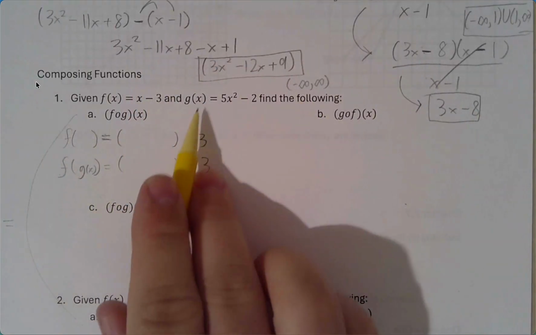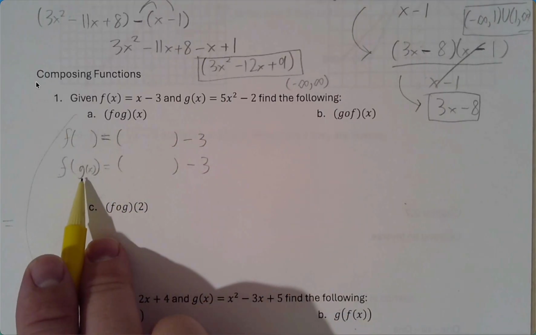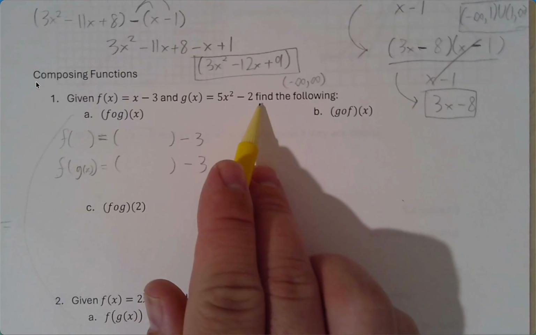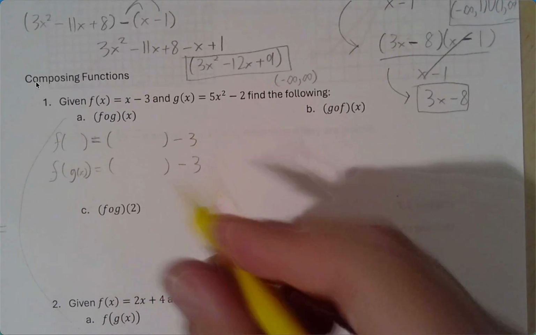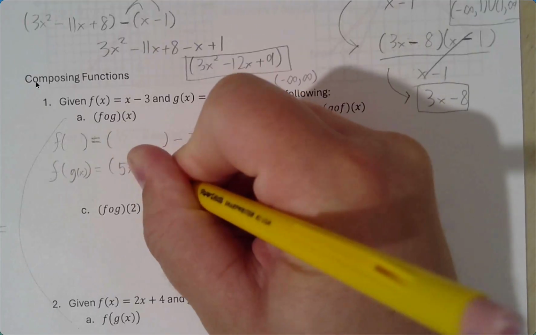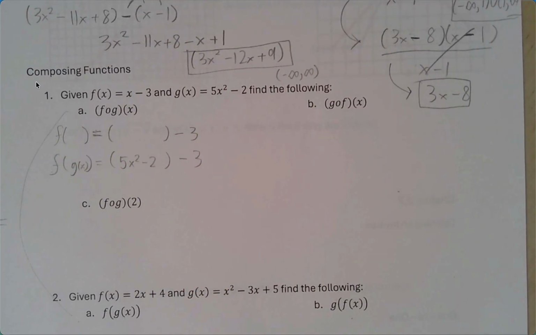We'll take a look up above. On the left of the equal sign, g of x is literally the symbols g of x. But on the right of the equal sign, g of x is 5x squared minus 2. That's what I substitute into the parentheses. So congratulations, you just composed your first functions.